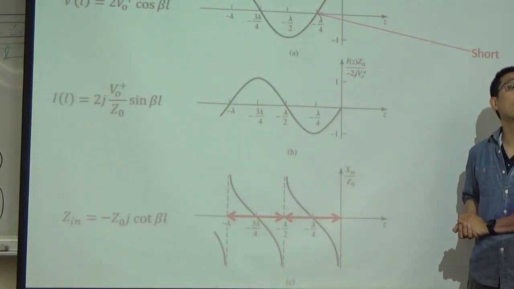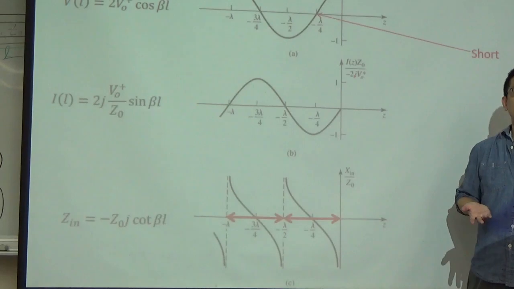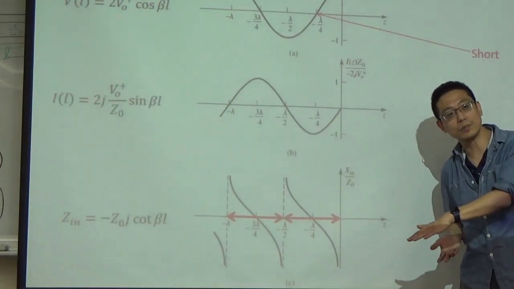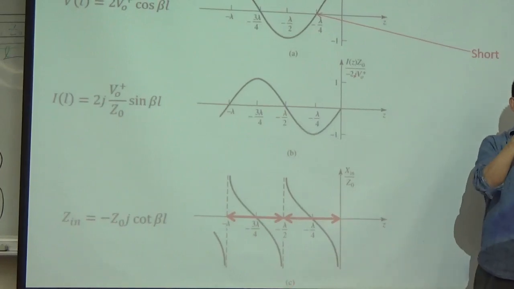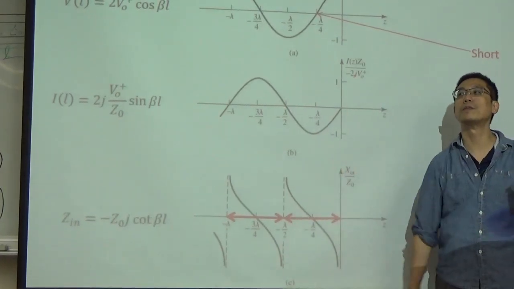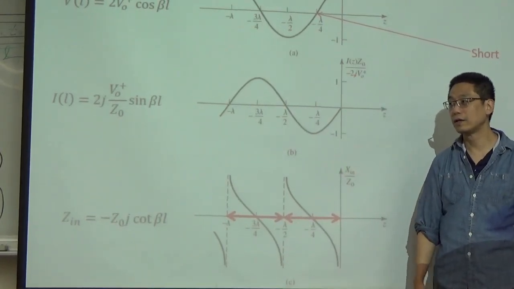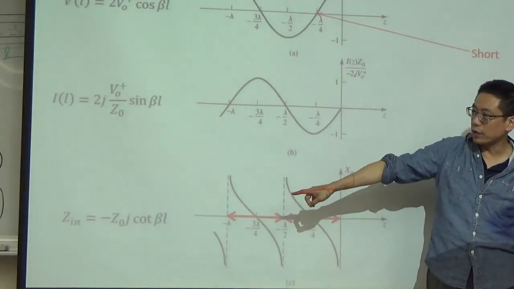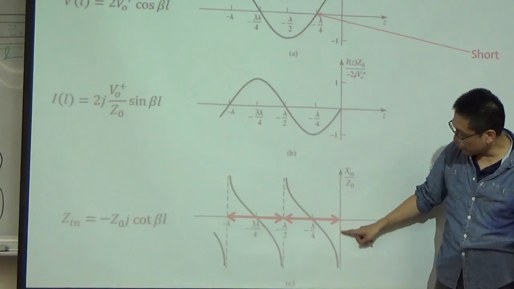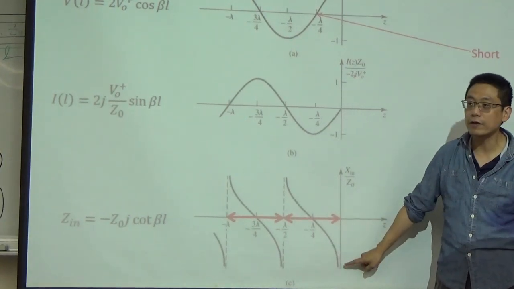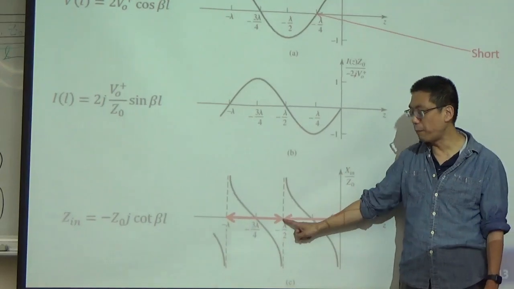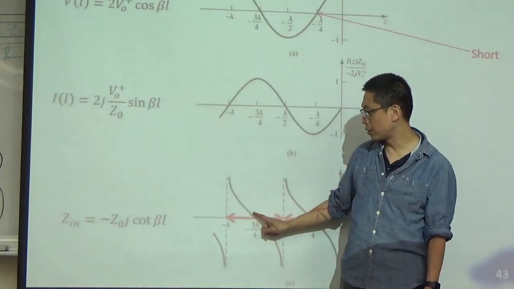If this is a lossy transmission line, the signal will decay. But if it is lossless, it's open short, open short. Then you find out that the input impedance goes from open, infinite, to 0, short, then open, short, open.